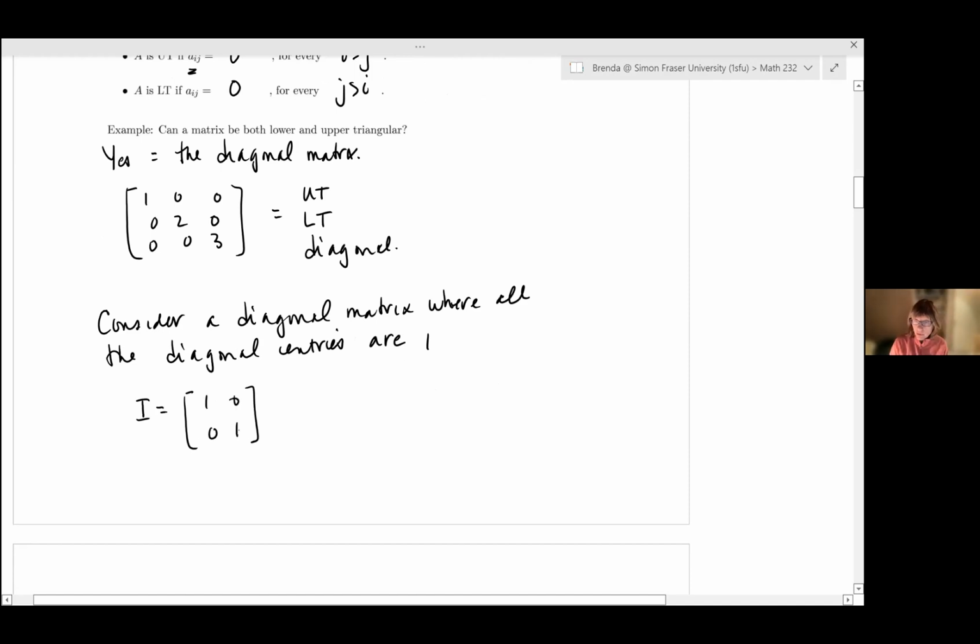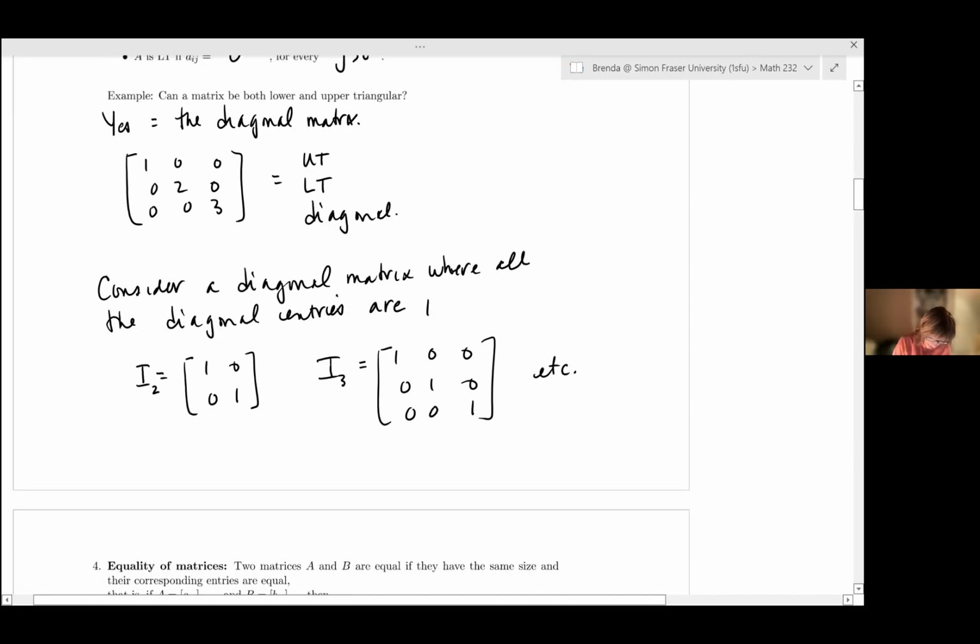It's a diagonal matrix and both diagonal entries are 1. This is called the identity matrix. This is the 2 by 2, we could call it I2, the 2 by 2 identity matrix. And then, for example, I3, unsurprisingly, looks like this. It's 3 by 3, and all the diagonal entries are 1. And this just keeps going. I4 is 4 by 4 with all of them. So this is the identity matrix.